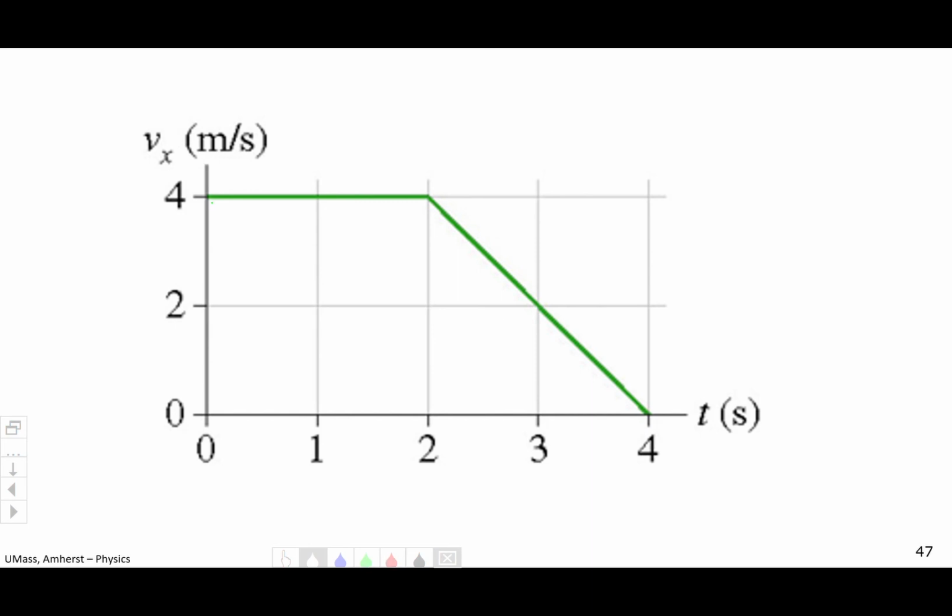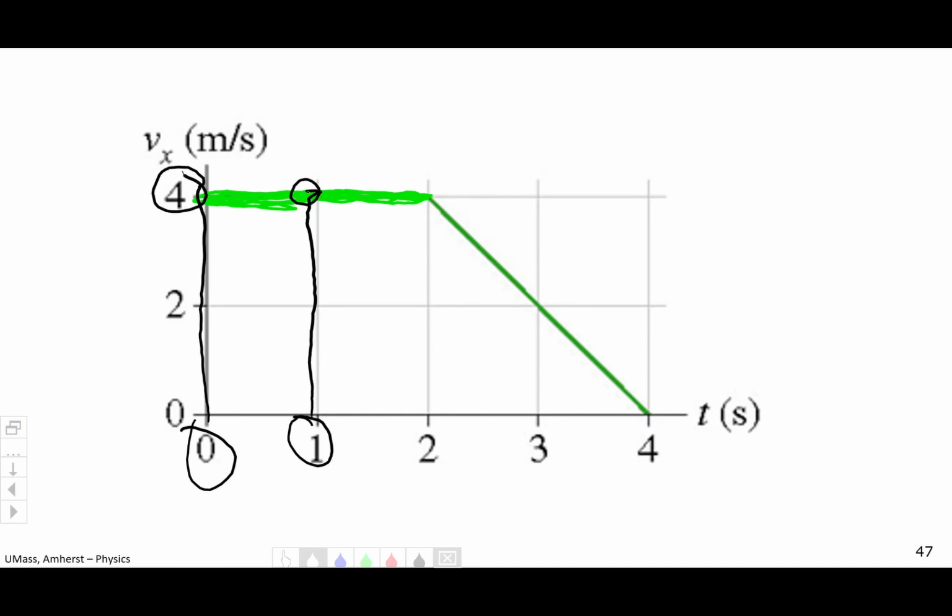We notice that this segment is flat. What that means is that if we're reading this graph, at 0 seconds it has 4 meters per second of velocity. At 1 second, it similarly has 4 meters per second.